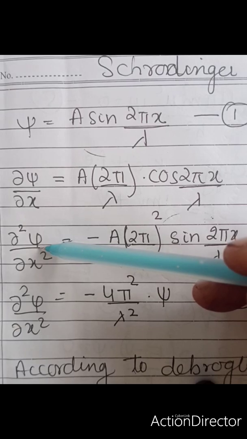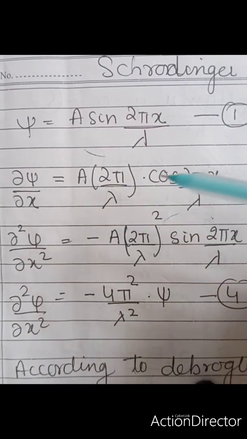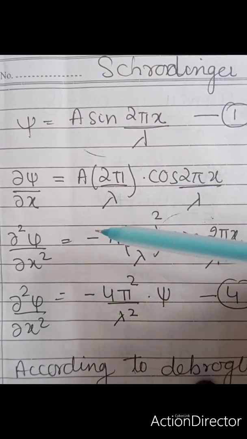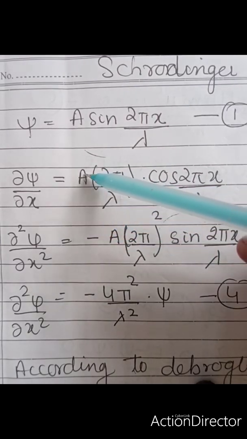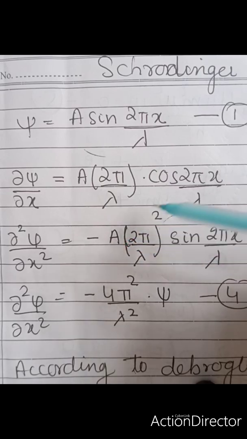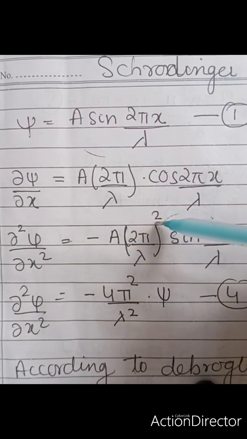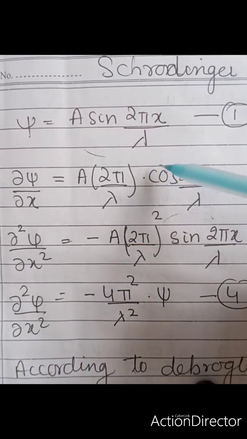On second differentiation, the differentiation of cos will be minus sin, so I have taken minus sin here. A times 2π by λ, again 2π by λ, so I have taken the whole square of that, and cos 2πx upon λ becomes sin 2πx upon λ.